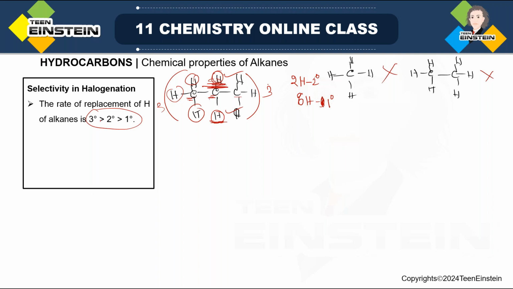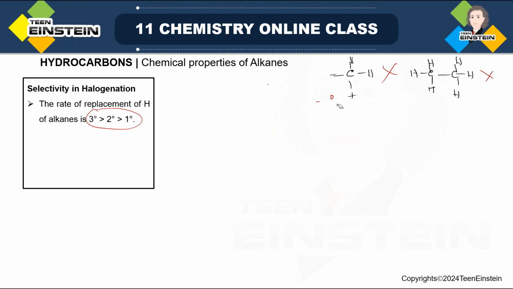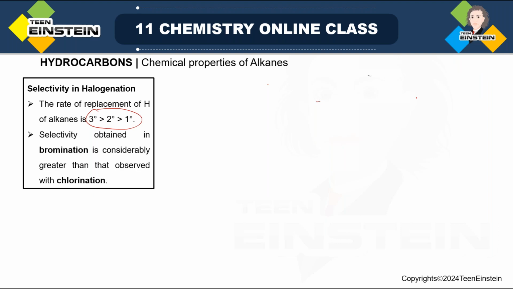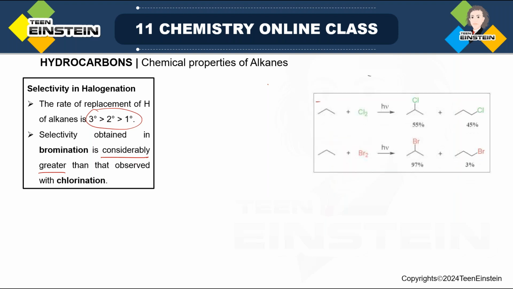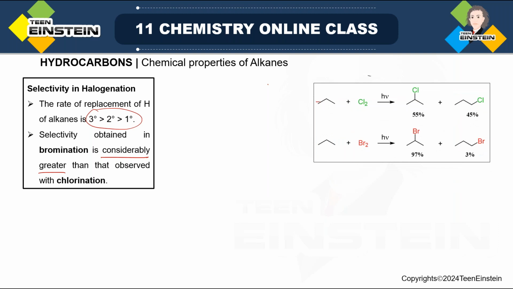Now this selectivity, it is an experimental observation: when you compare selectivity in case of chlorination and bromination, it is observed that selectivity in bromination is considerably greater than the chlorination. Okay. So what it means, with example you will be able to understand.